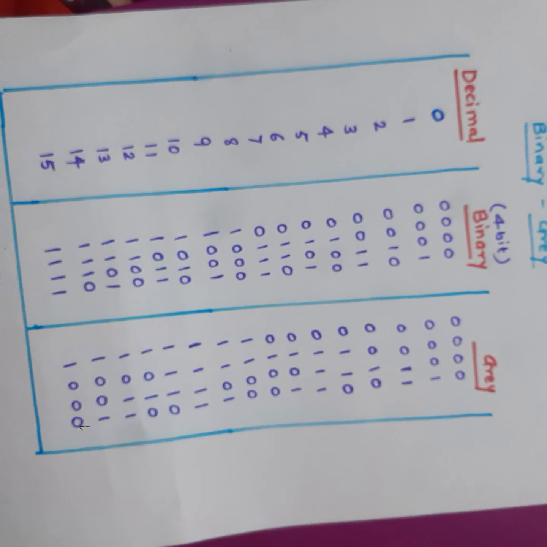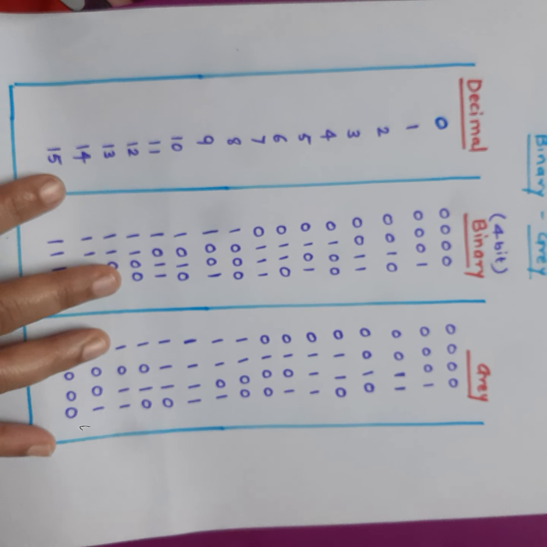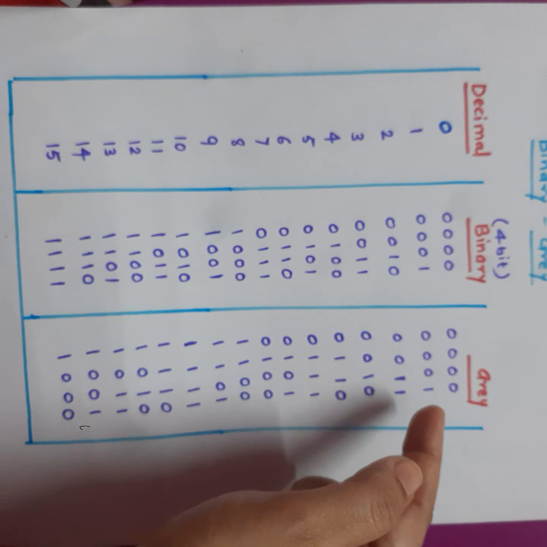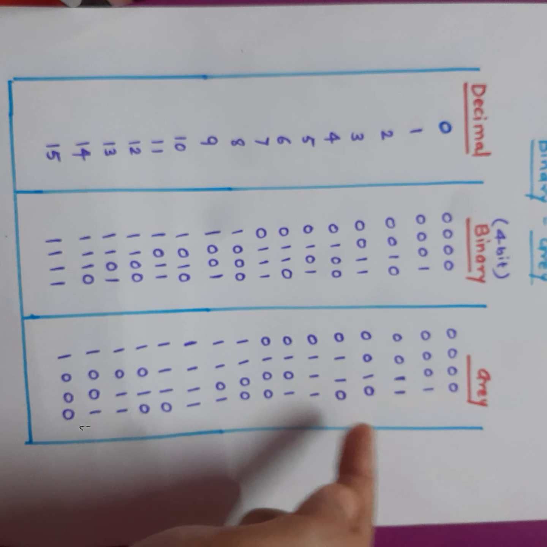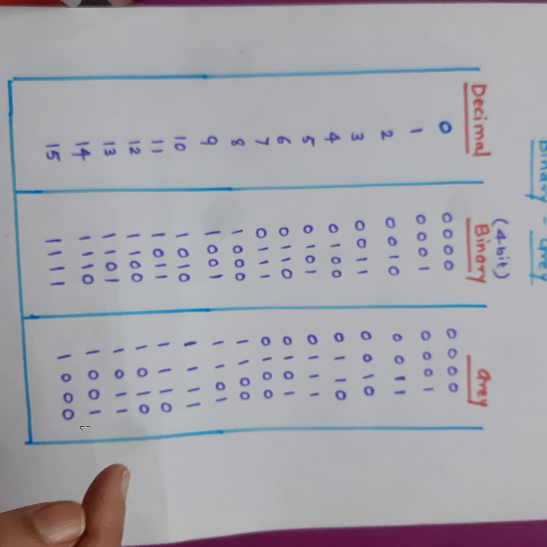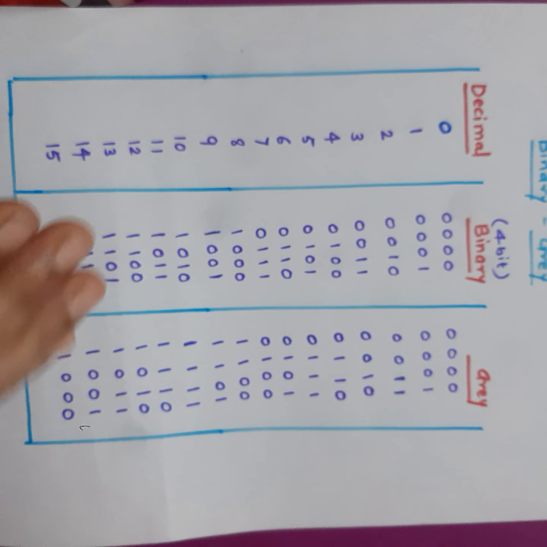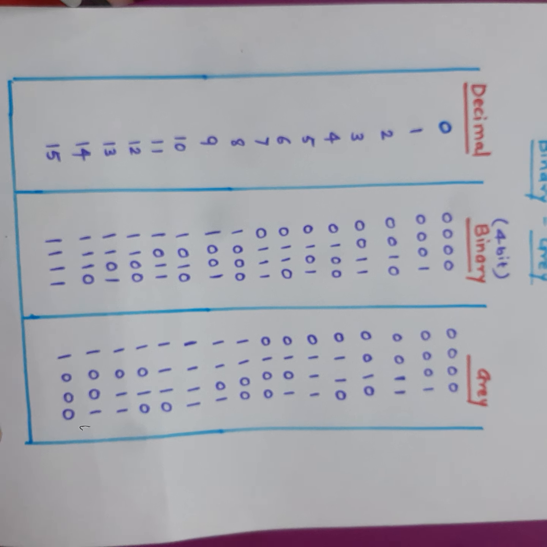Only one bit has changed. Likewise, sequentially, if you observe, you will find that in any two consecutive gray numbers, only one bit has changed. In binary you can see that there may be a difference of 2-3 bits sometimes. So this is the difference between binary and gray codes.